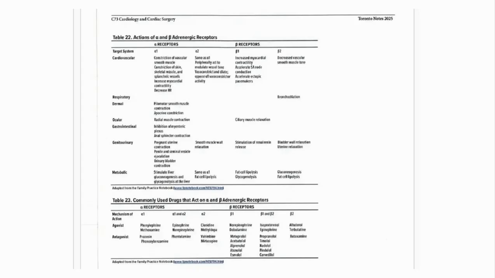Alpha-2 receptors. Unlike alpha-1 receptors, alpha-2 receptors are primarily involved in negative feedback regulation. Cardiovascular effect. Peripherally, alpha-2 receptors help regulate vascular tone. They can produce vasoconstriction but also oppose excessive alpha-1 mediated vasoconstriction under certain conditions.